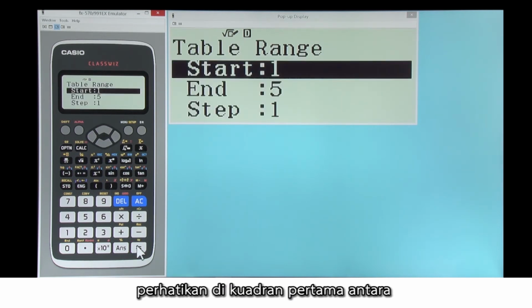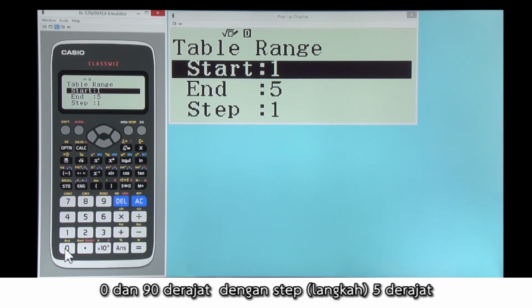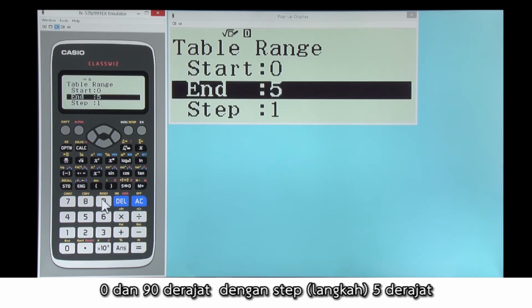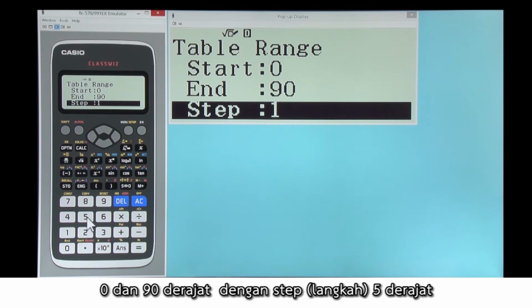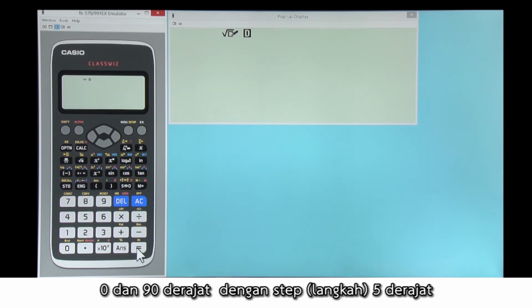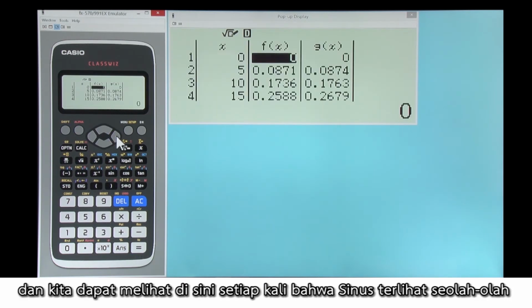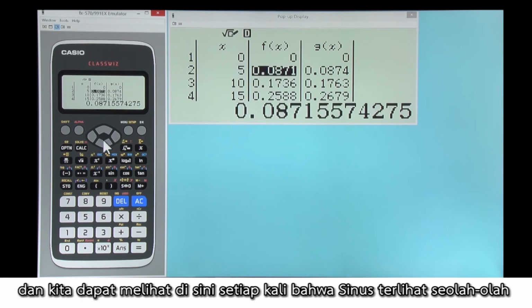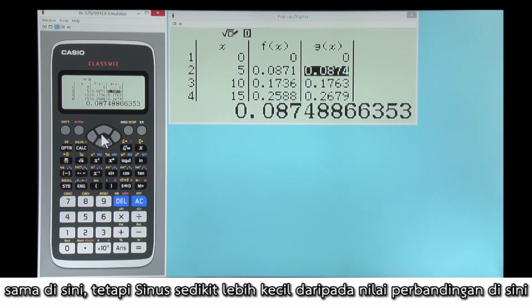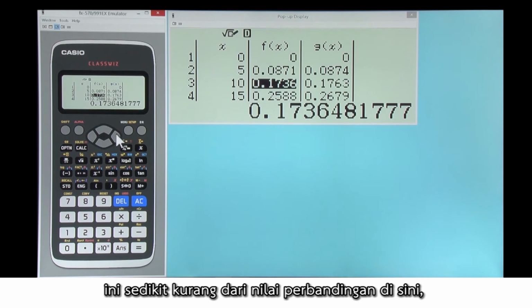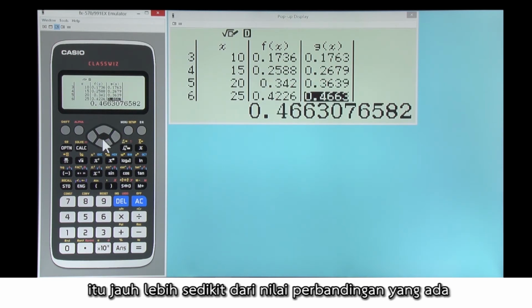And let's look firstly at the first quadrant between 0 and 90 degrees in steps of 5 degrees. And we can see here each time, it looks as if they're the same here, but the sine is a little bit less than the ratio here. It's a little bit less than the ratio here. It's quite a lot less than the ratio there.